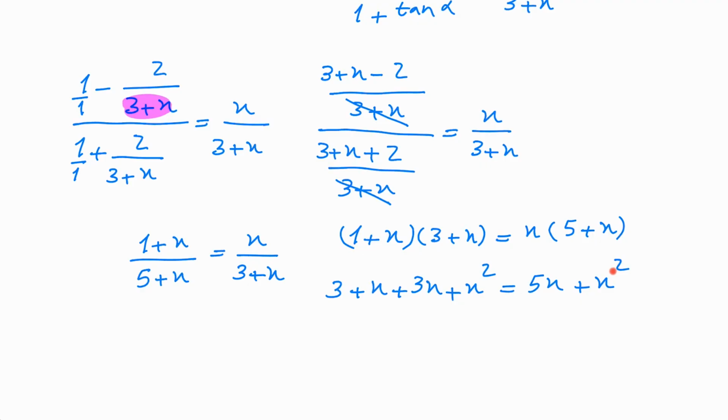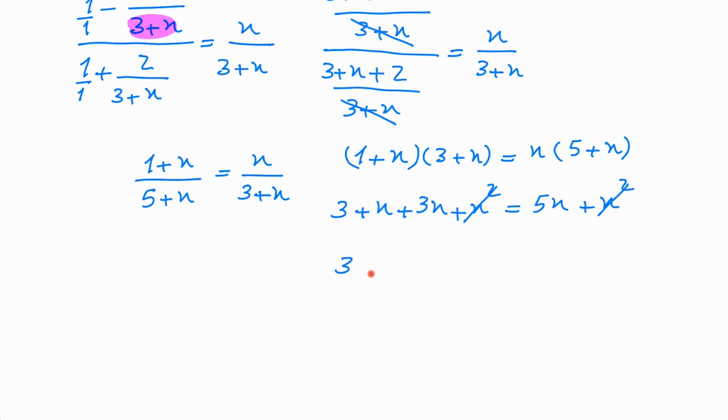We can cancel out x squared from both sides. We have 3 plus x plus 3x is 4x, should be equal to 5x, and if we subtract 4x from both sides, we will have x is equal to 3. This is the final answer to the problem.